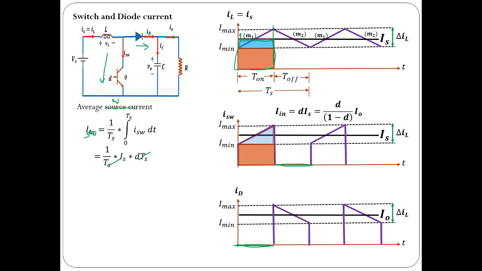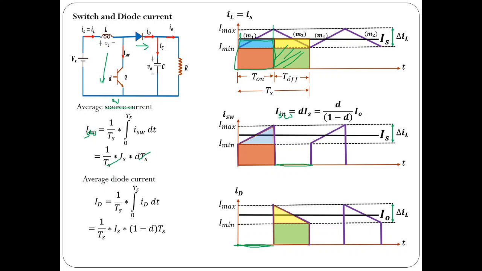The current through the switch is same as D into Is. Similarly, average diode current, again, is the area under the curve divided by the time period to complete one switching period. So area under curve over one switching period. Again, if you compute that, it would be same as this area.